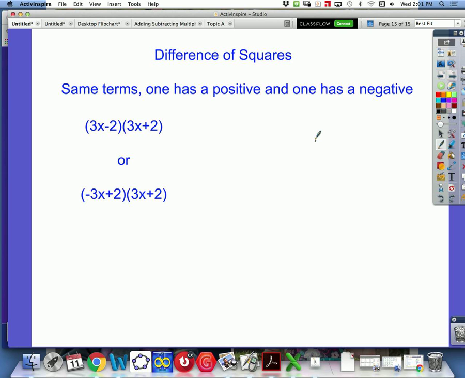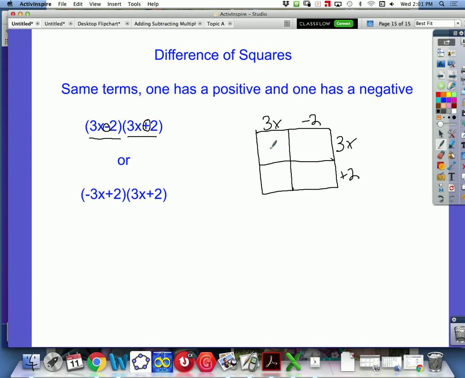The other one you have to know is your difference of squares. In a difference of squares, it's kind of like the perfect square trinomial. We have the same terms, but notice now this is a minus 2 and this is a positive 2. What happens when we do that is if I go to multiply this really quickly, I make my box: 3x minus 2, 3x plus 2. 3 times 3 is 9x squared, minus 6x, plus 6x, minus 4.